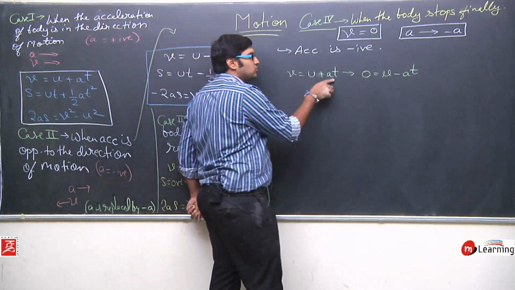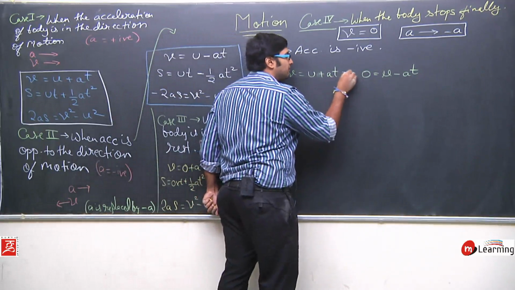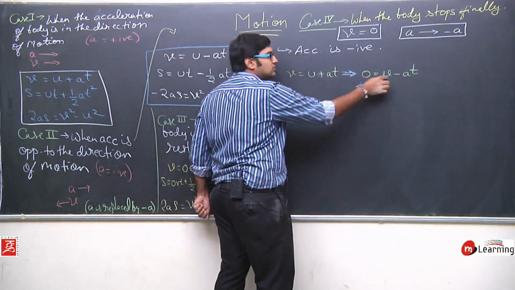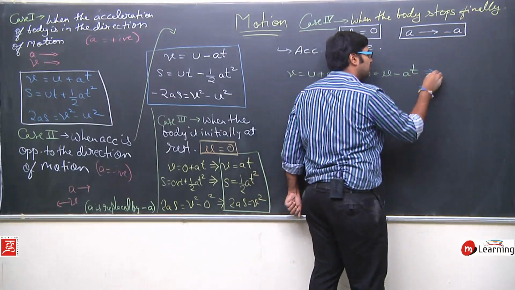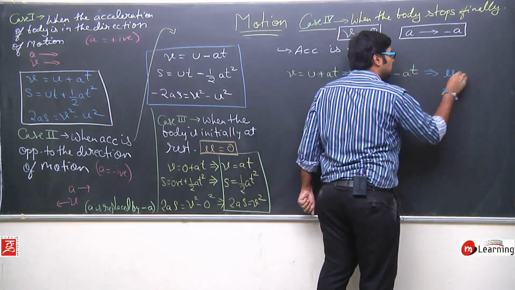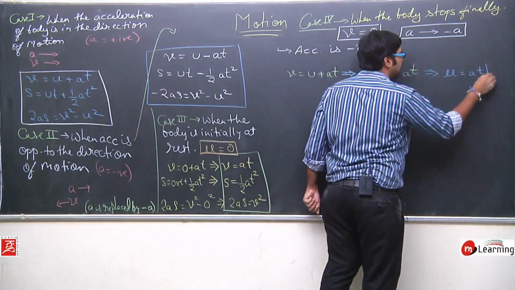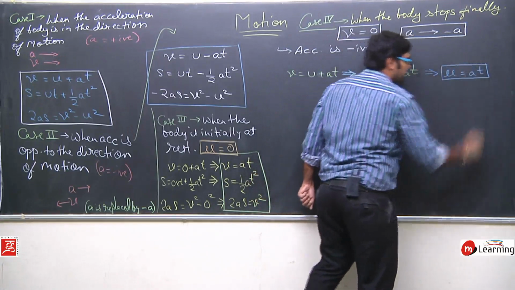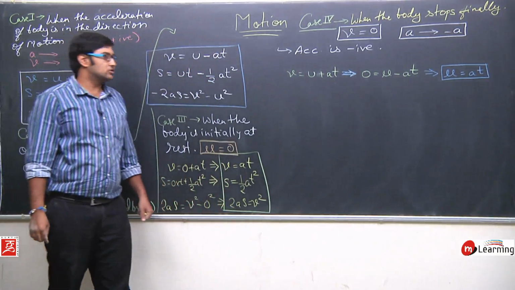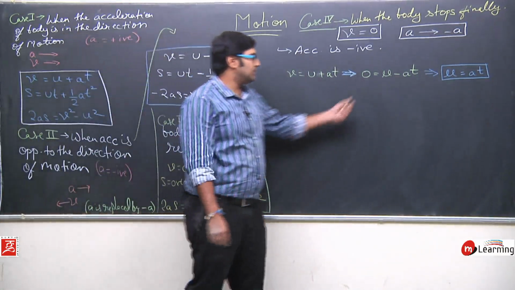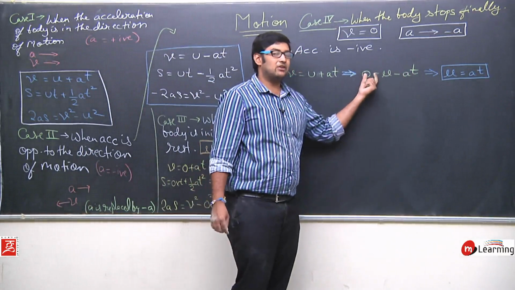So v = u + at becomes 0 = u − at, and this becomes u = at, for the situation with zero final velocity and negative acceleration.